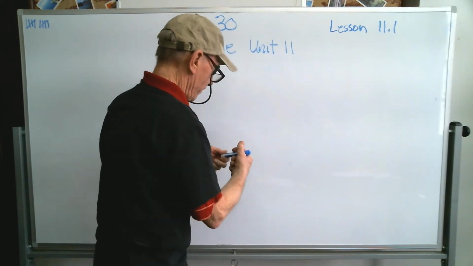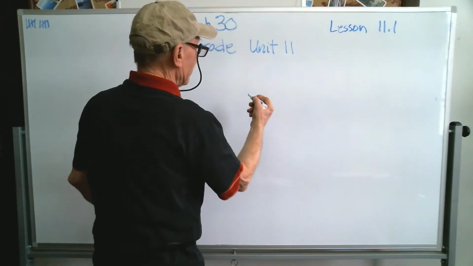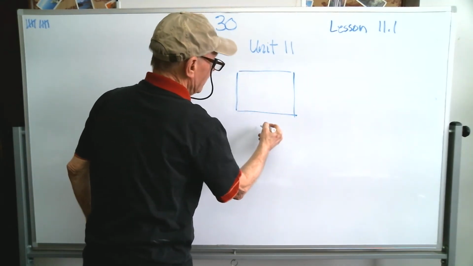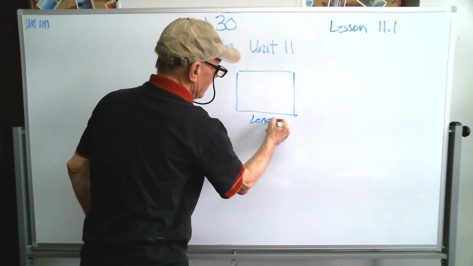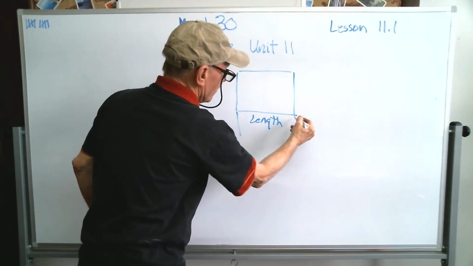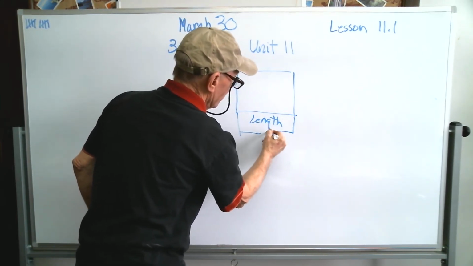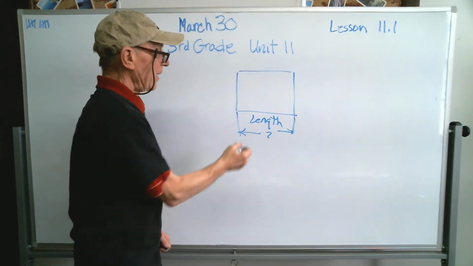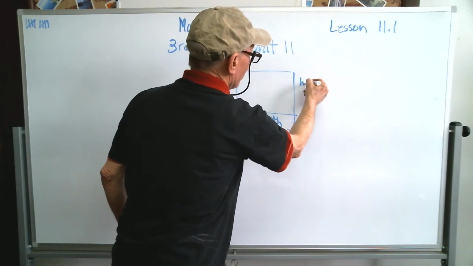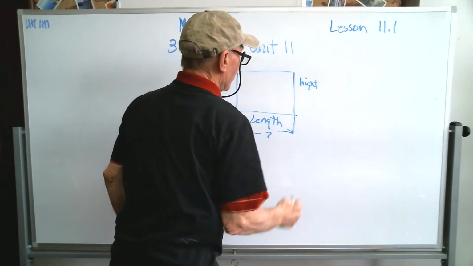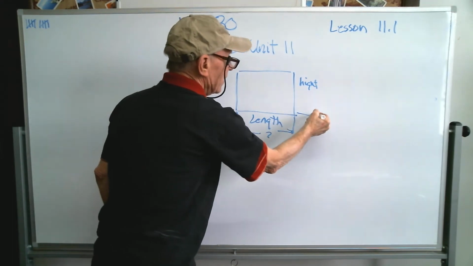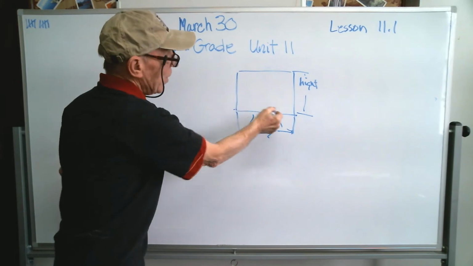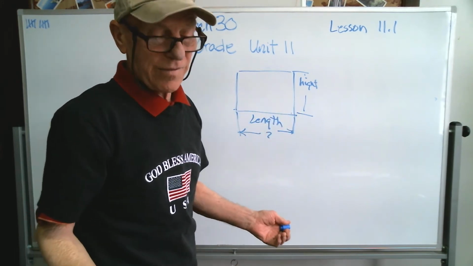By the way, when you're figuring the area or the perimeter of an object, length is one of the measurements. We have length, and we have height. And that would be this measurement. So length, it's a measure from this point to this point. What is the length of that object?